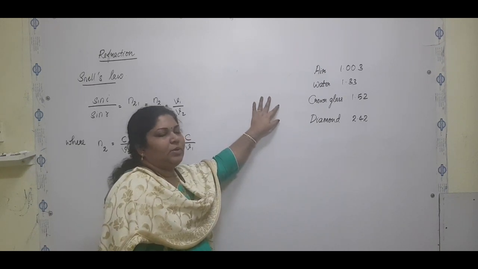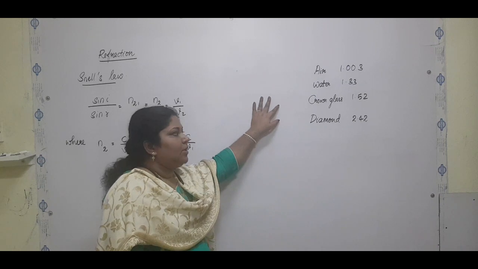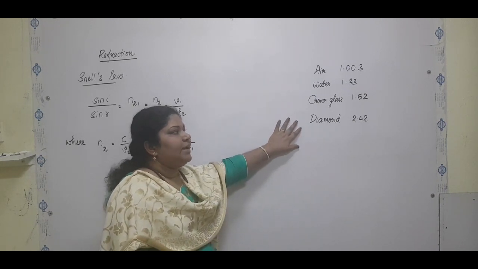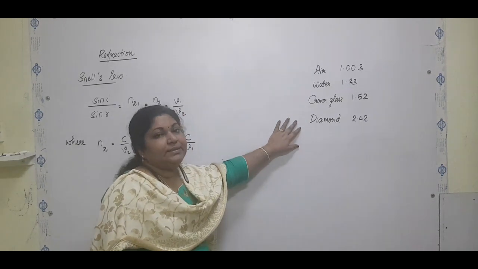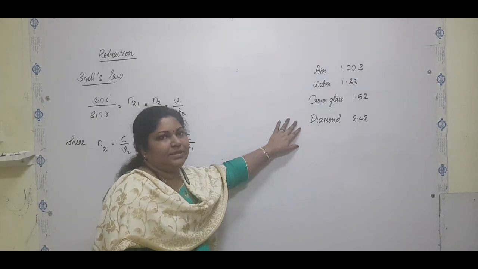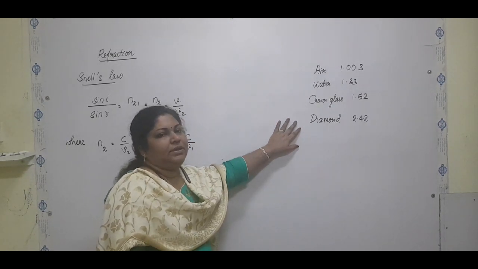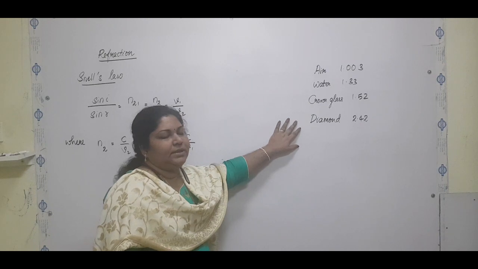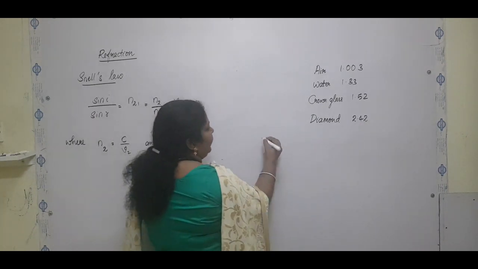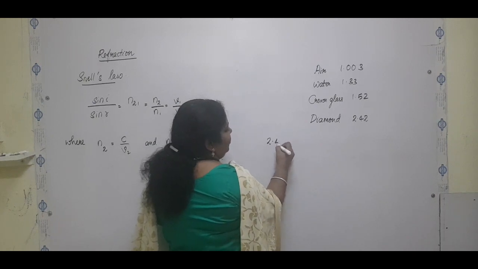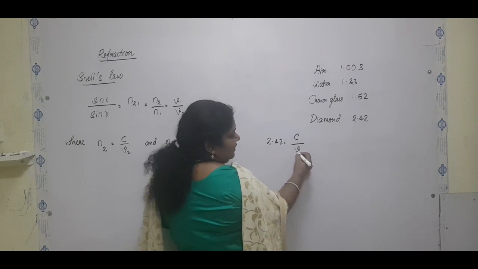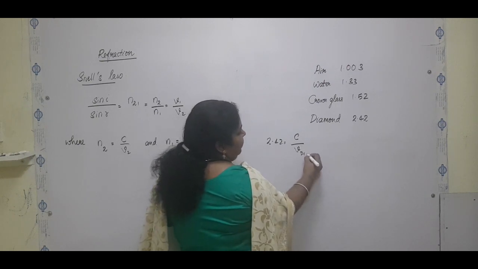There is one more question which can normally be asked from this part: the refractive index of diamond is 2.42. What does that mean? That means the speed of light in diamond is such that the refractive index 2.42 is equal to c by the speed of light in diamond.